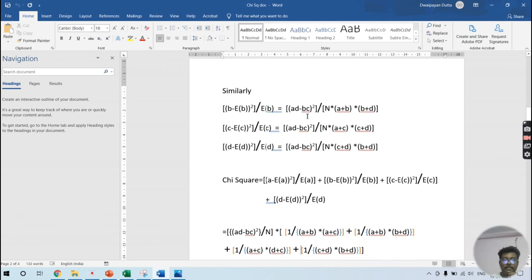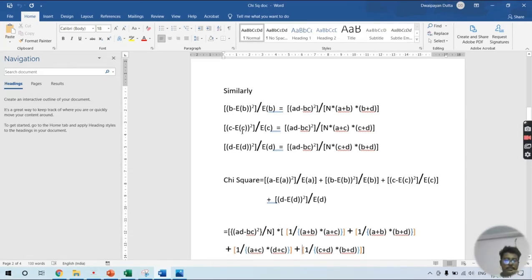If we again take this (AD minus BC) whole square divided by n common, what we get is this thing, (a plus b) into (b plus d). See, these two parts. Alright, now for this, similarly for (C minus E of C) whole square divided by E of C, we get this value, (a plus c) into (c plus d). See, this is the part.